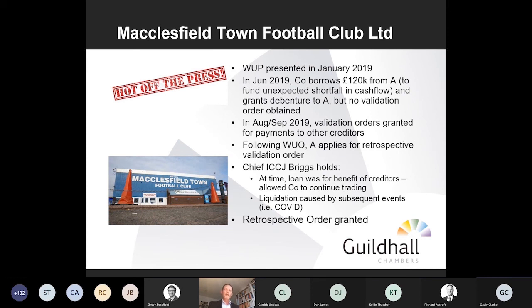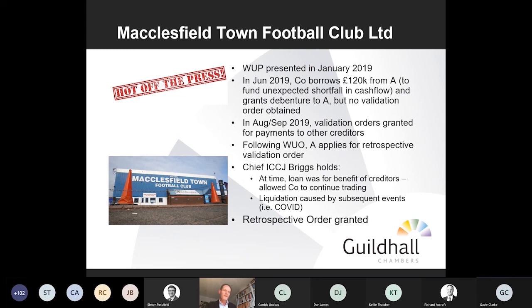Now, in balancing the various factors in deciding whether or not to make that order, ICC Judge Nick Briggs, who's formerly of Guildhall and also VWV, took into account various factors.